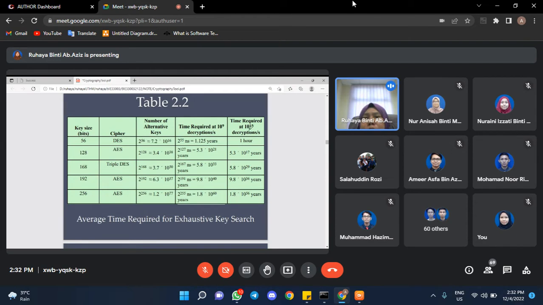But at 10^13 decryptions per second, it's just 1 hour. For triple DES, it takes a longer time. For AES it is going to be the longest time here.